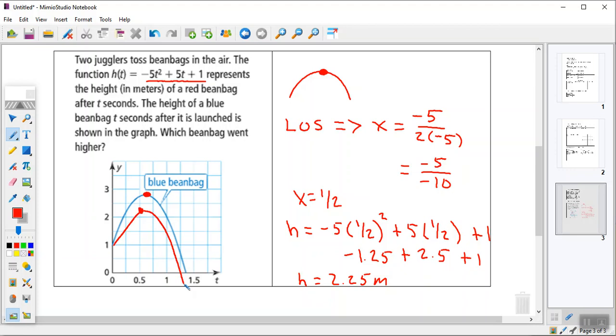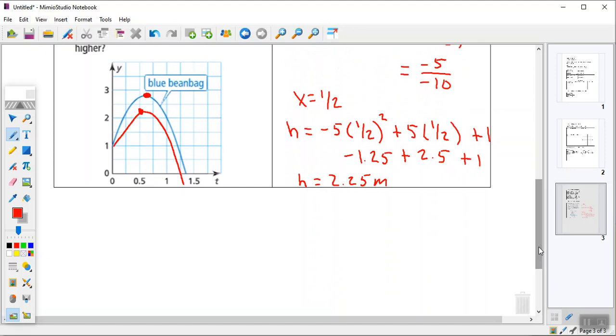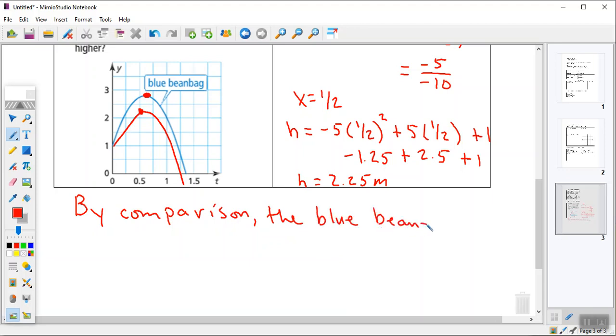All right, so by comparison, the blue bean bag went higher.